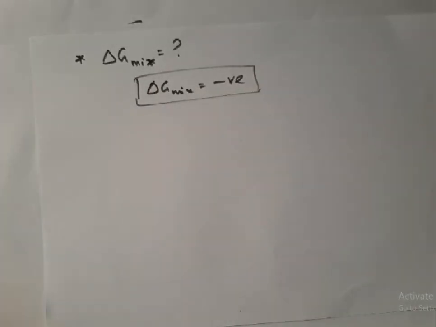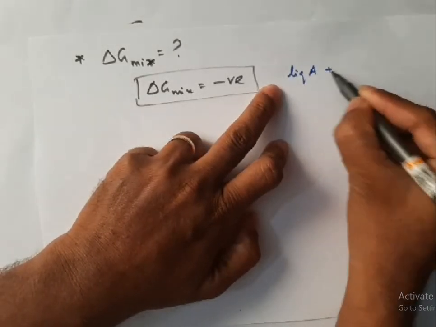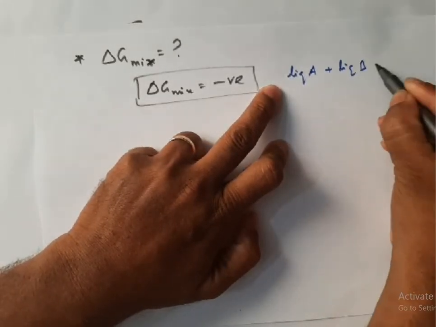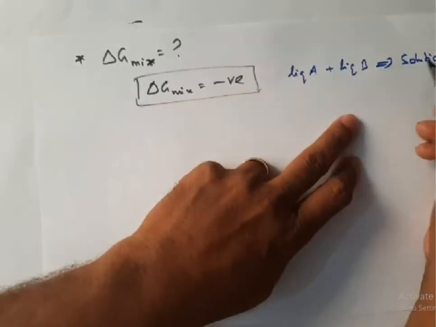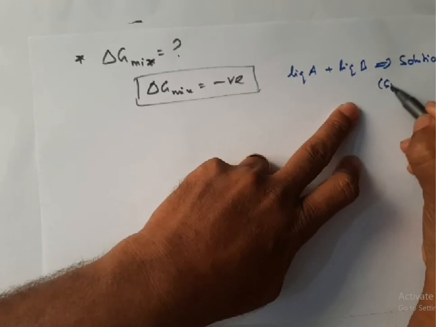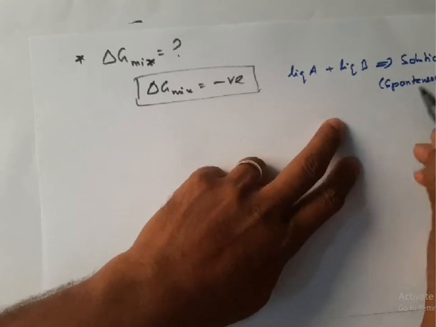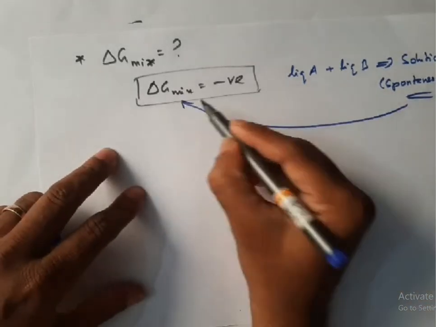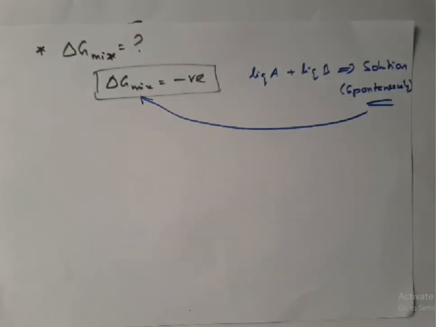Liquid A and liquid B form a solution spontaneously. For any spontaneous process, delta G should be negative. Simple. Students, is this clear?